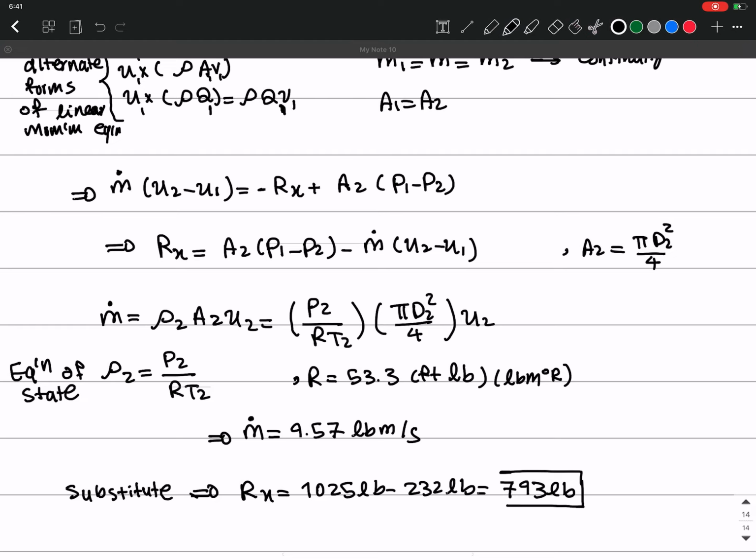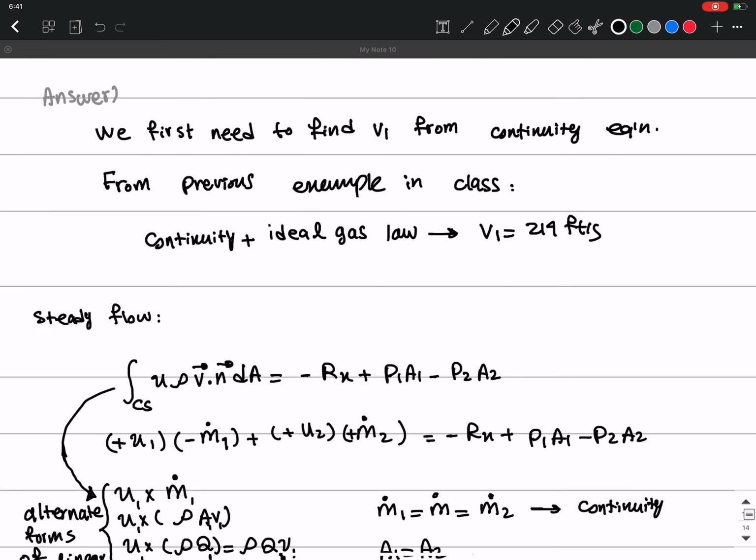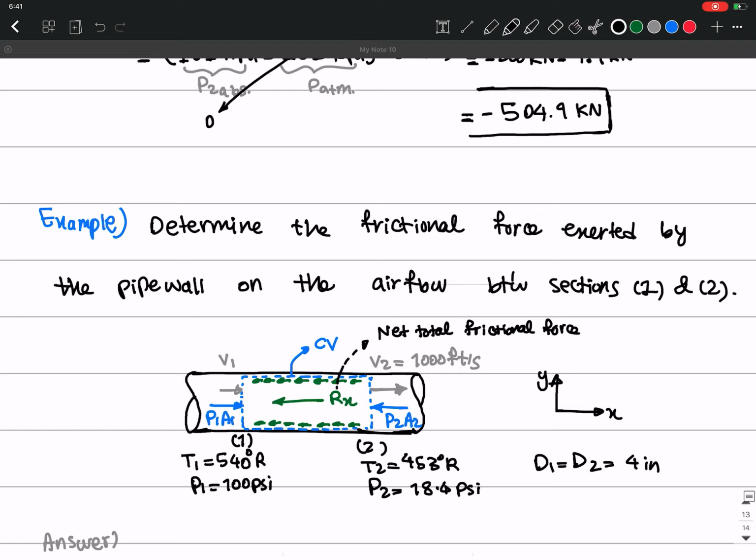So this is the frictional force that acts on this airflow that is moving along this pipe, right?